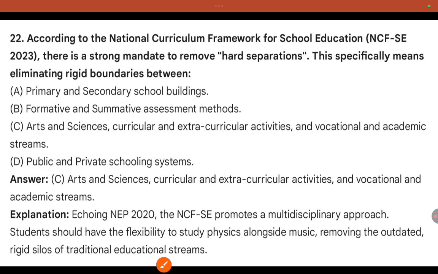22nd. According to the National Curriculum Framework for School Education, NCFSE 2023, there is a strong mandate to remove hard separation.